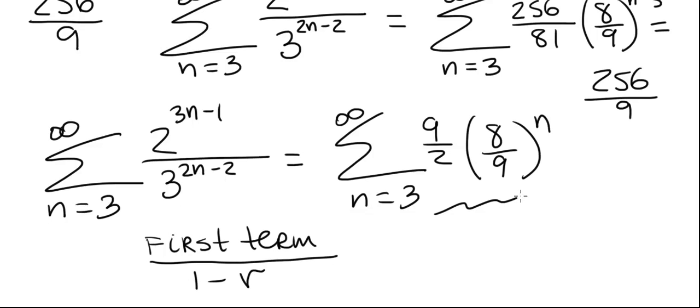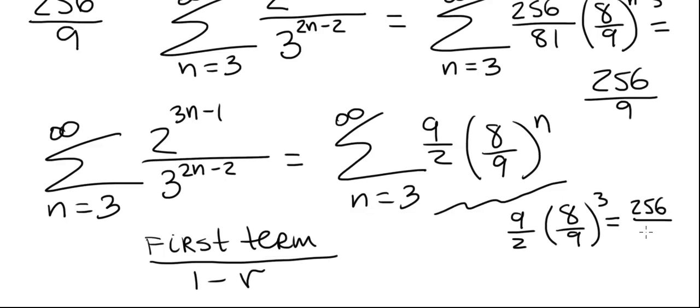So right from here, to find the first term, all we have to do is plug in 3 for n, which is 9 halves times 8 over 9 to the third power, and we already computed that. So this was 256 divided by 81, and then we get the same answer by using this formula.